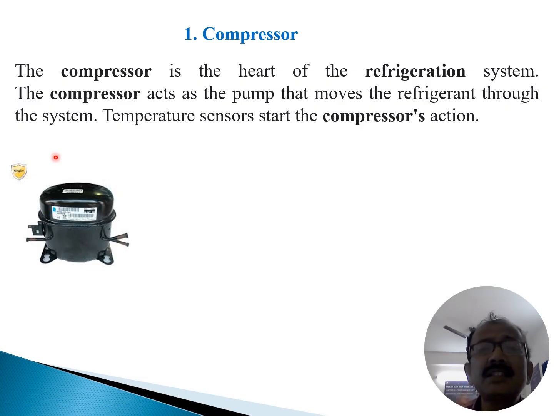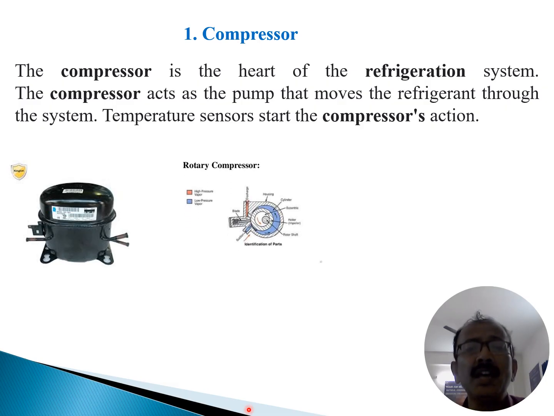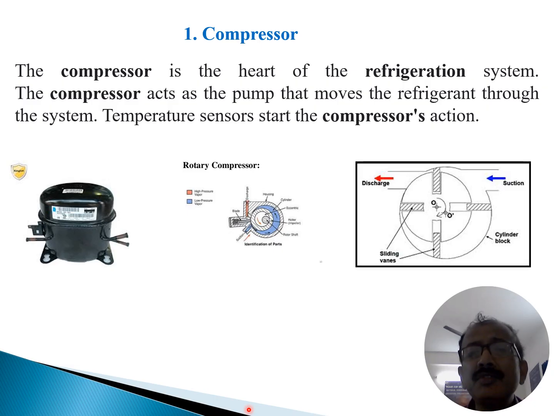The temperature sensor starts the compressor action. This is the cross-sectional view of a rotary compressor. In the diagram, this is the suction inlet, the suction line, and after compression this is the discharge.